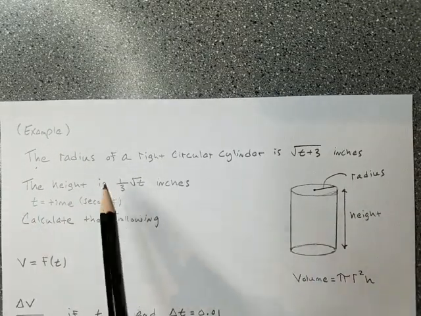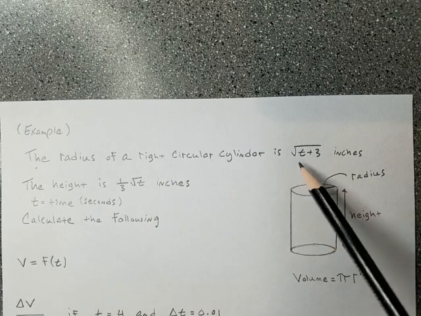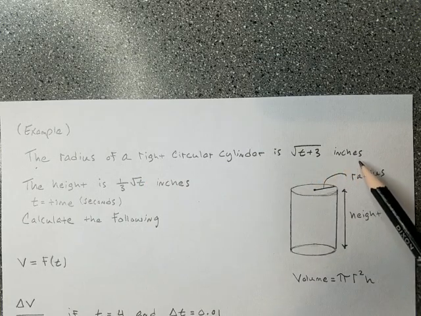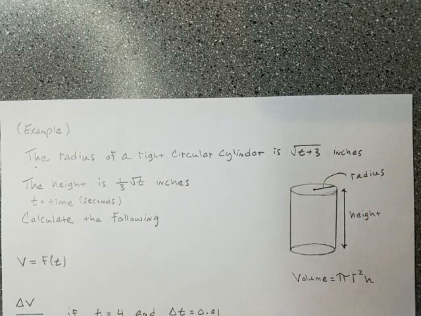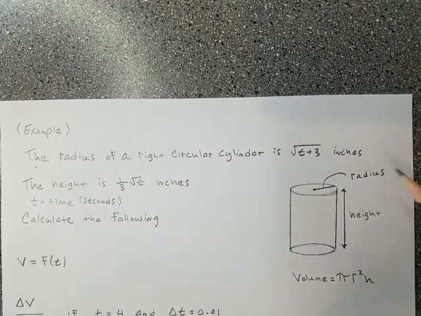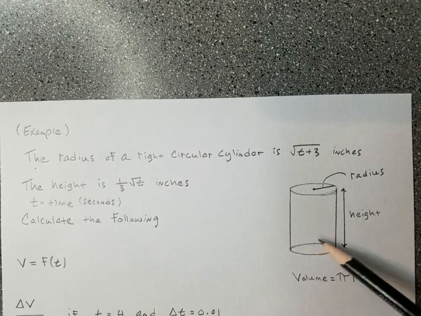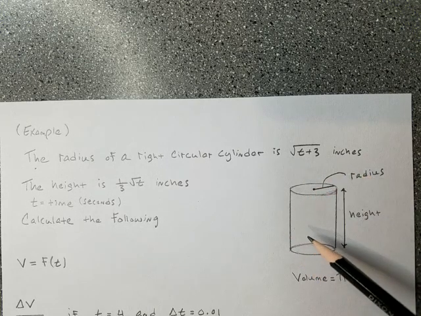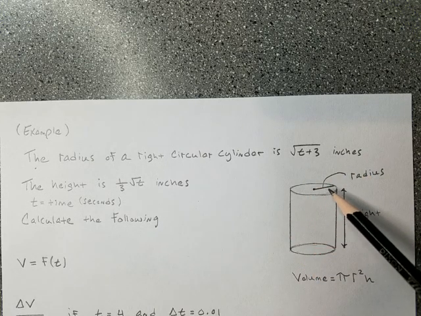It says the radius of a right circular cylinder is root t plus 3 inches. So first of all, what does that mean? I guess it means that if I tell you t is time in seconds, this shape is morphing, it's changing. The radius right there is changing from moment to moment.